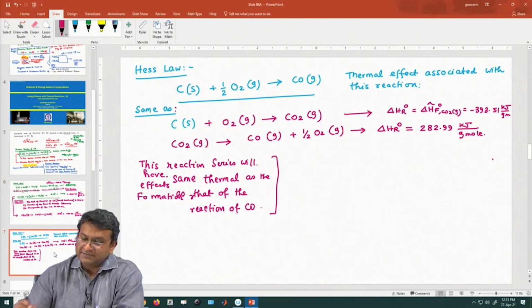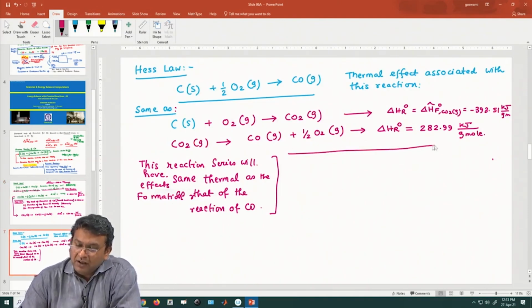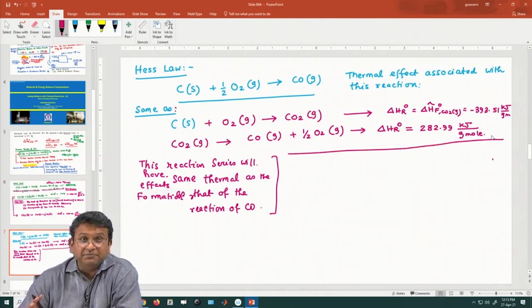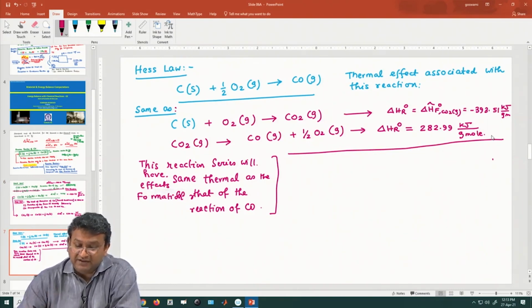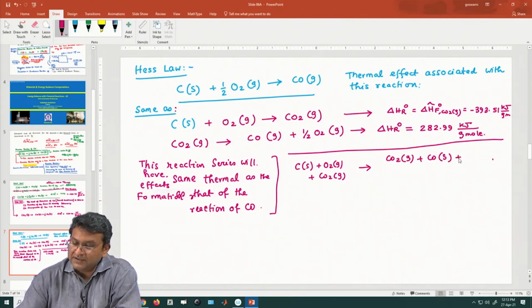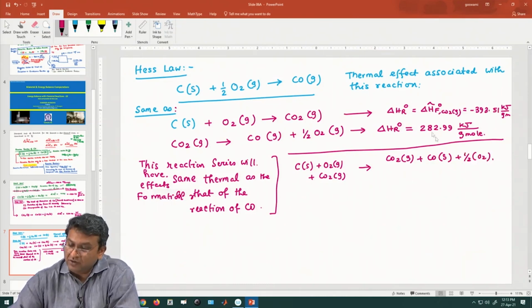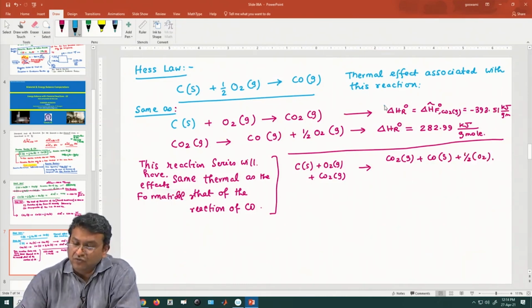So, if that be the case, what we do is treat these two chemical reactions simply like two algebraic equations. Just add the left side and the right side, and what you get is carbon plus oxygen plus CO2 on the left, and on the right hand side you have CO2 plus carbon monoxide plus half oxygen. And you can also add these two heats.